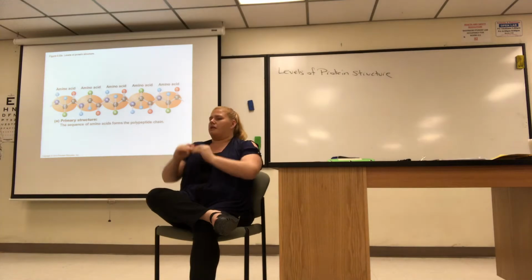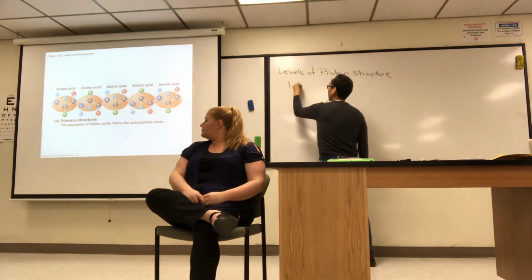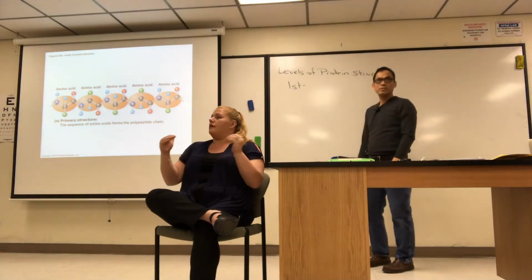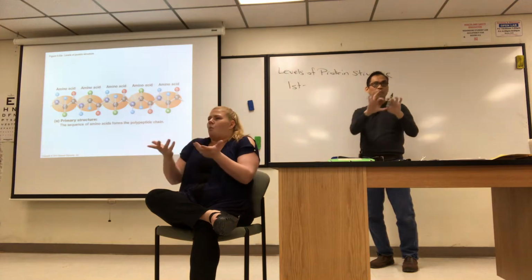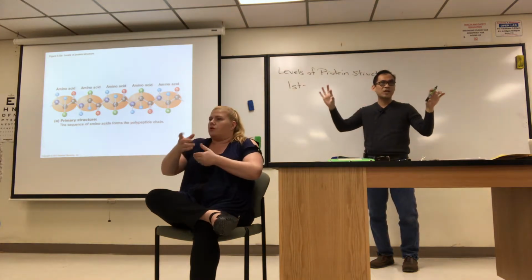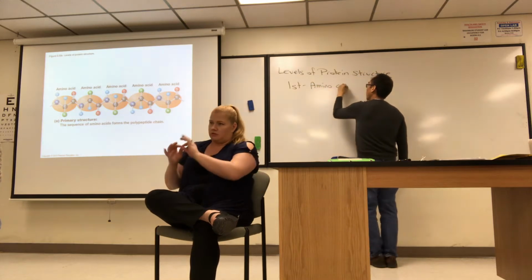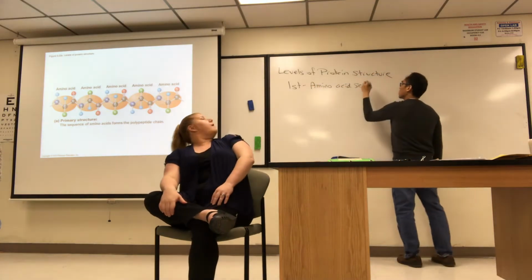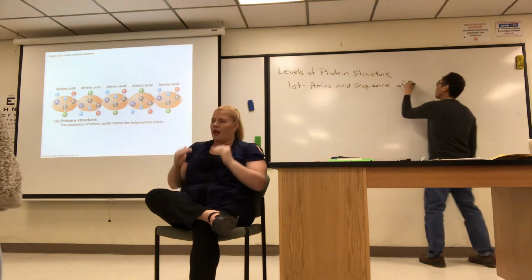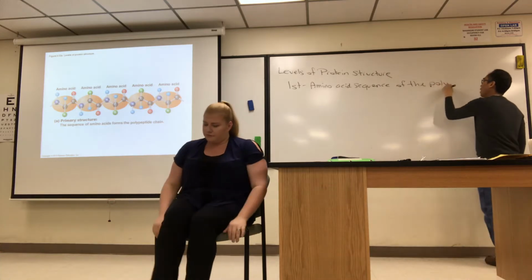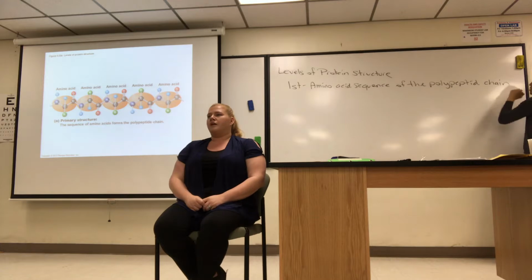There's 4 levels. The first level of protein structure: what's the amino acid sequence? There's 20 of them. Which one and in what order? Because you're forming a singular polypeptide chain. Amino acid sequence of a polypeptide chain, a chain of amino acids.